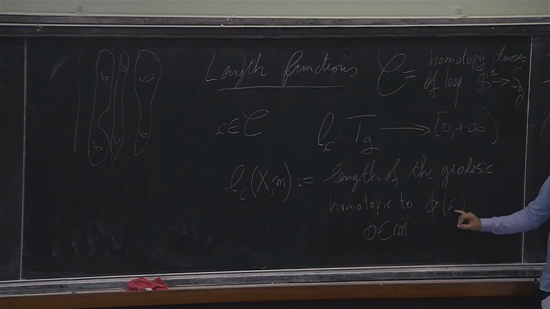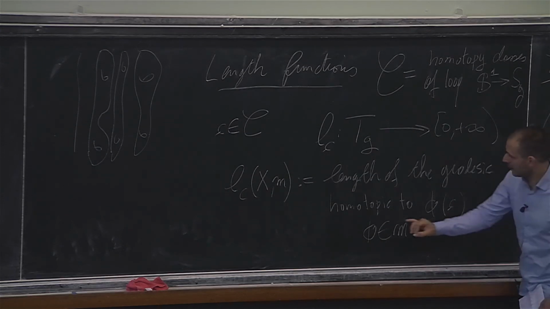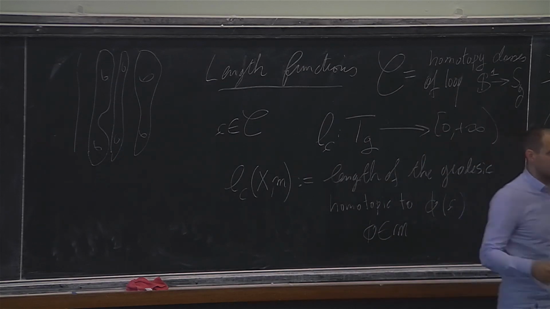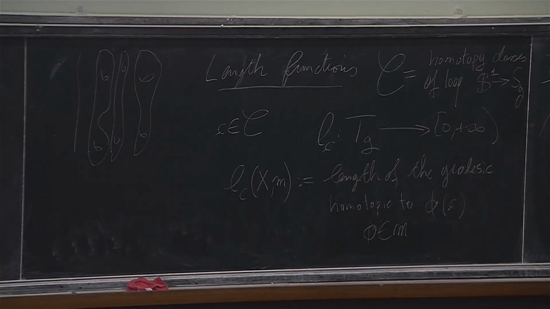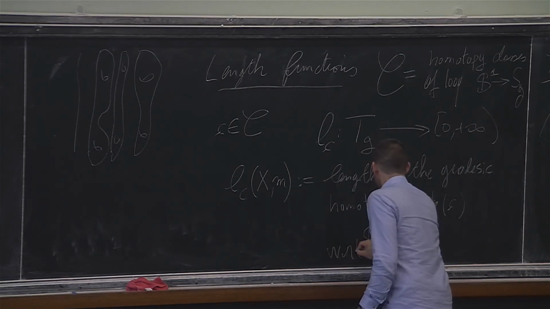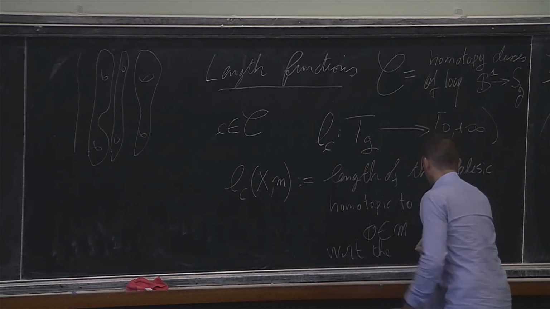So you push your loop by the marking. Your loop is defined up to homotopy, the marking is defined up to homotopy, so you get a loop on X which is well defined up to homotopy. And then you look at the geodesic in its homotopy class with respect to the hyperbolic metric related to X.